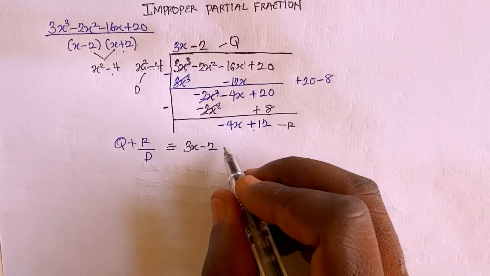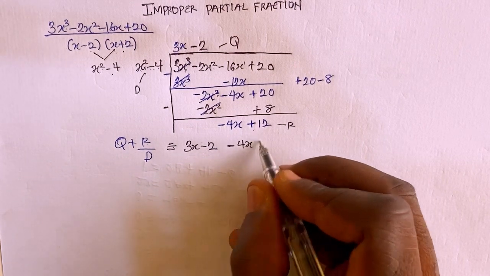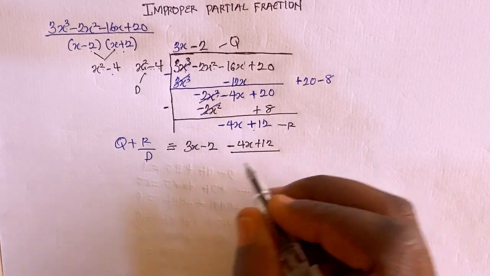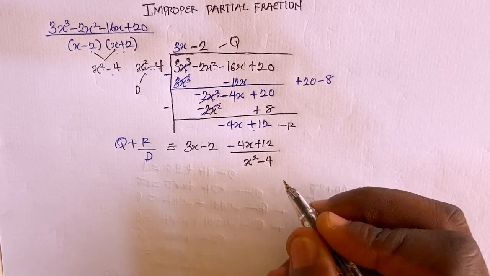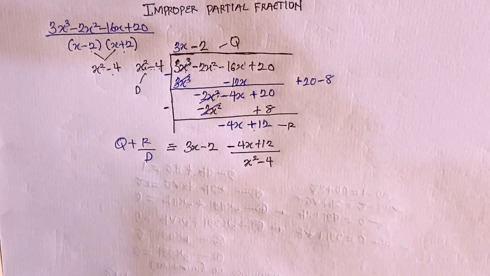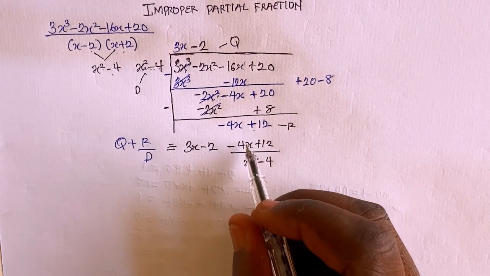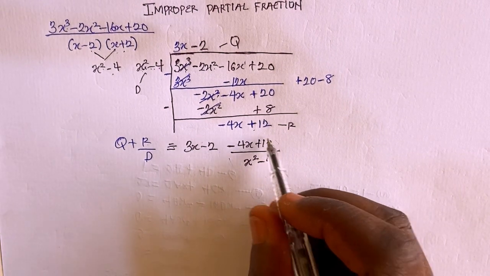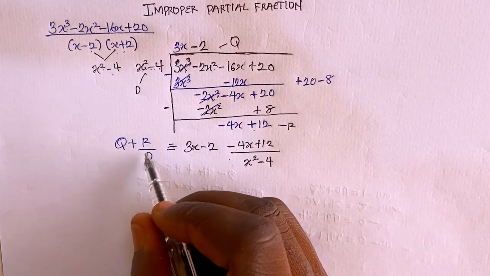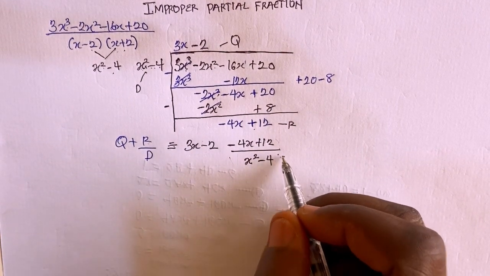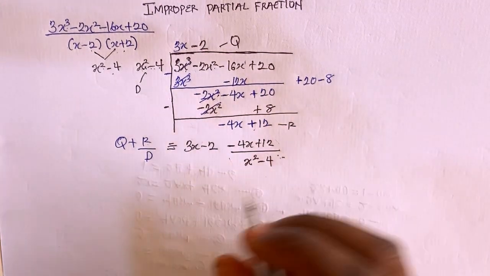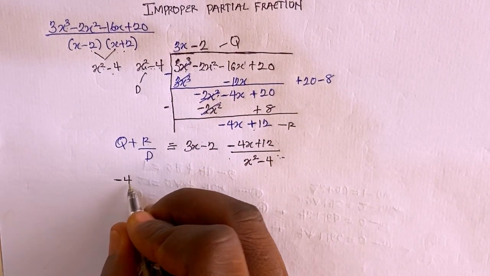So I'm going to have minus 4x plus 12, then my divisor simply, that's x squared minus 4, right? Since I'm having this expression, I can actually resolve my remainder over the divisor into partial fractions again. So I'm going to resolve this expression into partial fractions again, so that I'm going to have minus 4x, right?